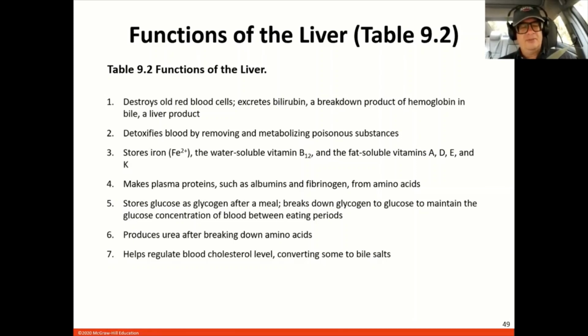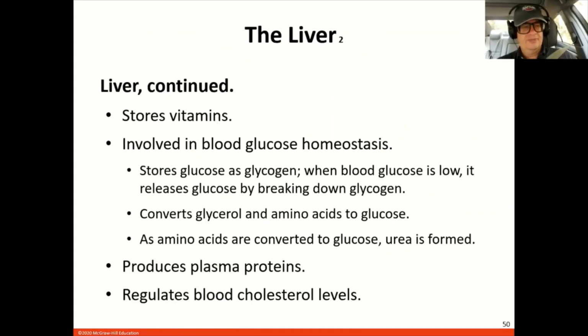It helps regulate blood cholesterol level, converting some into bile salts. So the liver will take some of the cholesterol and make bile salts out of it. It will take some of the byproducts of hemoglobin and make bile salt out of it too, when we break down hemoglobin, but we'll talk about that more.